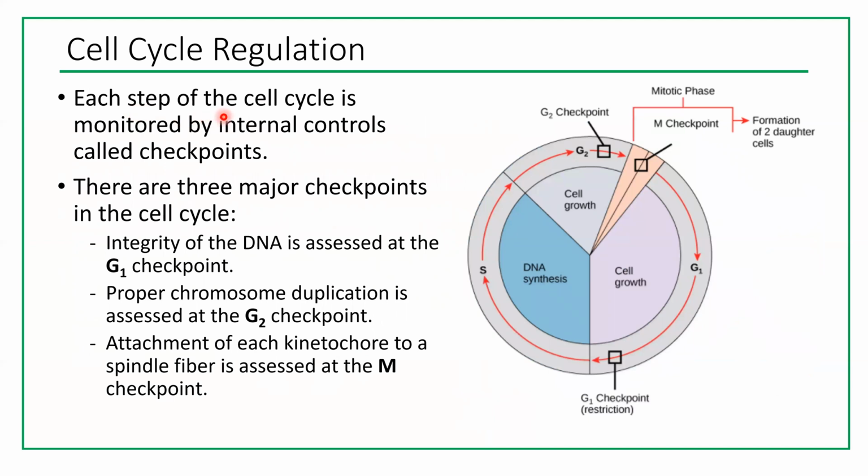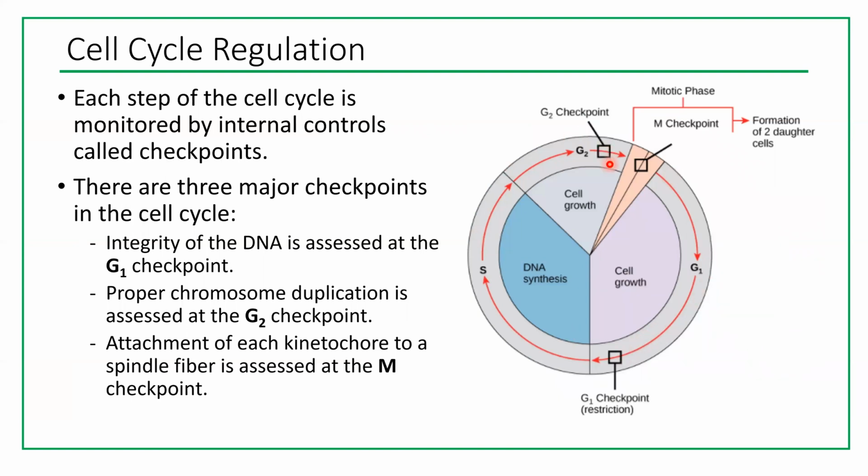To ensure the proper division of the cell, there are control mechanisms known as cell cycle checkpoints. Each step of the cell cycle is monitored by internal controls called checkpoints. There are three major checkpoints in the cell cycle: G1, G2, and M. If you look over here, here's the G1 checkpoint at the end of G1 phase.